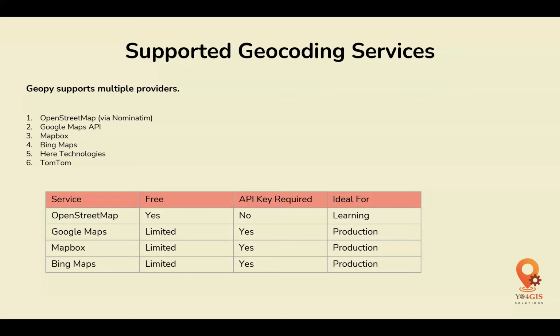But if you want to use Google Map or Mapbox or Bing Map, they have some limitations. If you are going for the paid version, then there is no limitation. But if you use the free service from Google Map, Mapbox or Bing Map, they give you something like 100 geocodings in a day or 50 geocodings in a day.